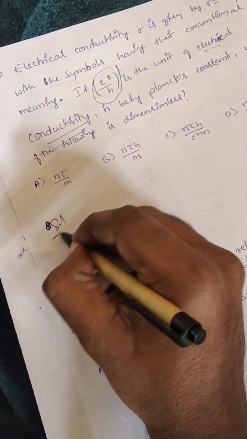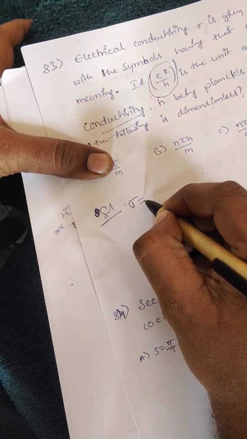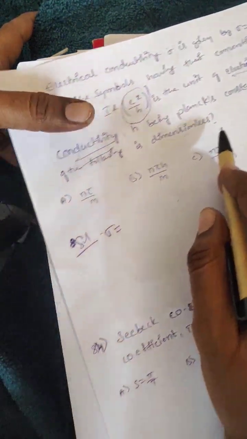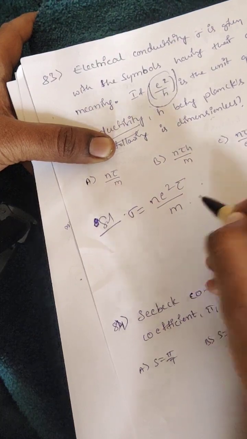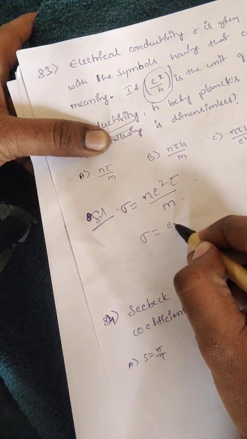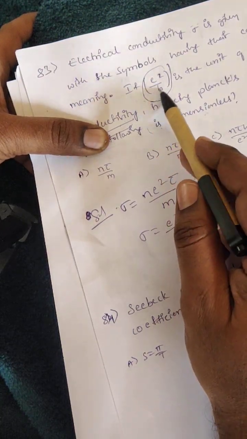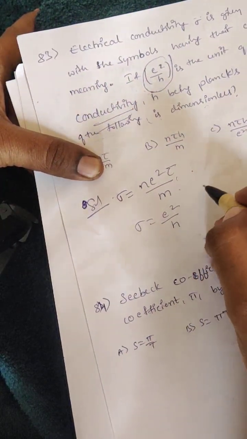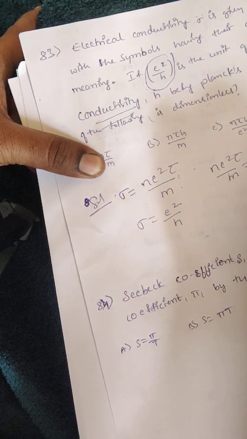This is a very easy question. So we know that sigma is n e square tau by m, and sigma is also equal to e square by h, as given. So if we equate the equations, we get n e square tau by m is equal to e square by h.